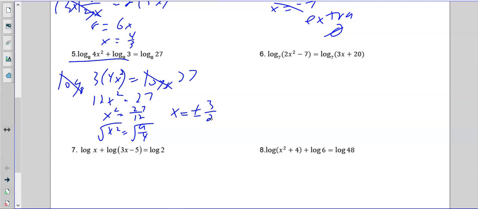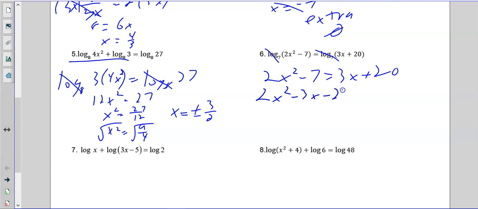Okay, so here we have log 7, it's just gone. So we just end up with 2x squared minus 7 equals 3x plus 20. Now, if we have x squared and we don't have x squared on the other side to cancel it, we need to move everything over to one side and then factor. And yes, guess and check.